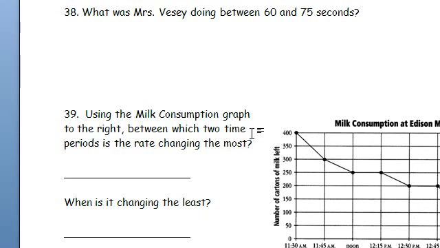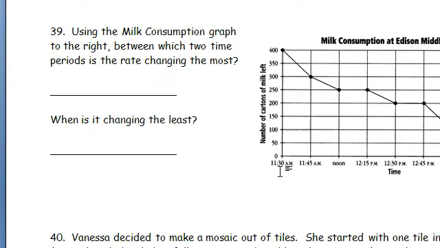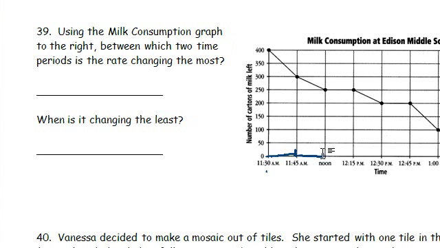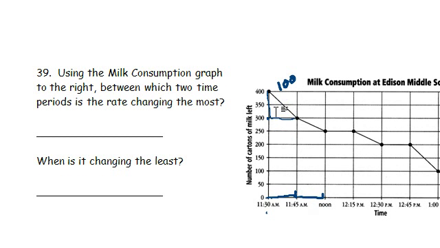Using the milk consumption graph to the right, between what two time periods is rate changing the most? Okay, looks like these are all broken up into little 15-minute intervals. So between that interval, it looks like between 400 to 300. So 100 cartons were drunk there.